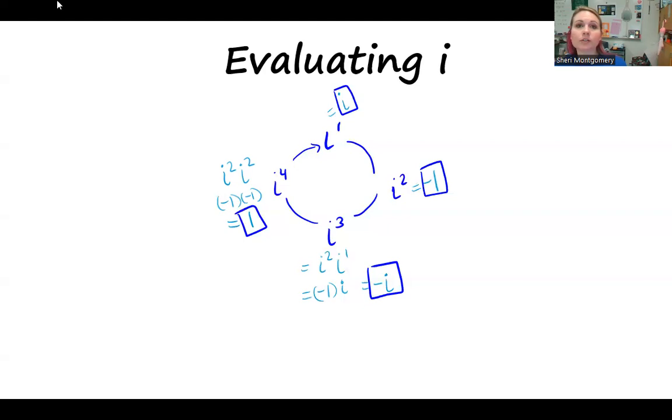So the first one, is it I to the 15th power? Okay, I'm going to show you how to do this. We're going to start with 1. We're looking at the exponents: 1, 2, 3, 4, 5, 6, 7, 8, 9, 10, 11, 12, 13, 14, 15. So I to the 15th power is going to behave like I to the third power.